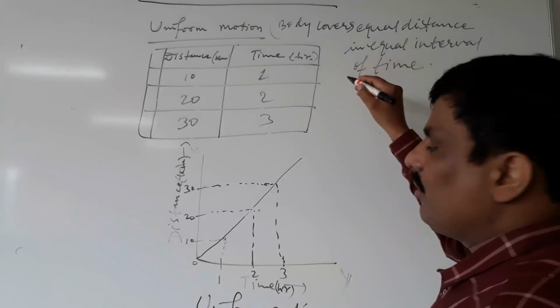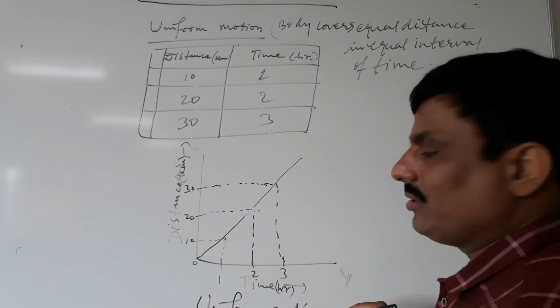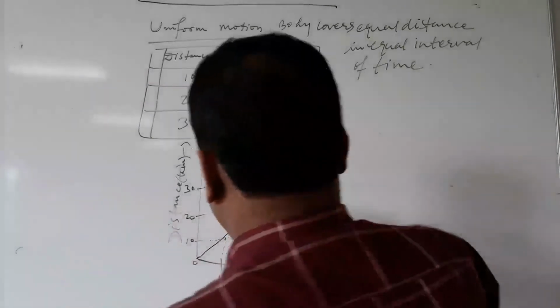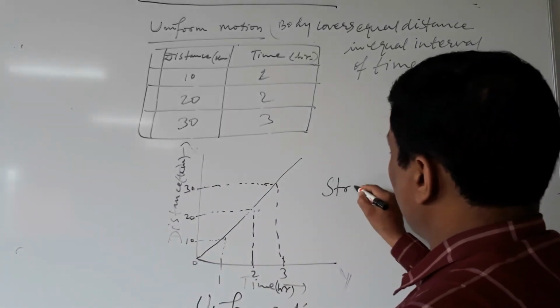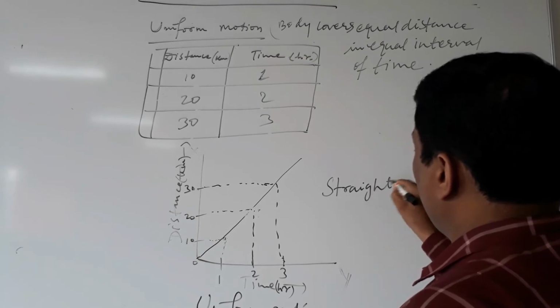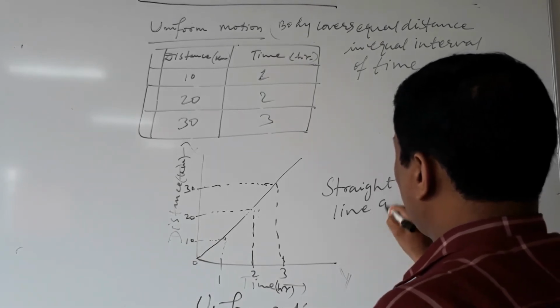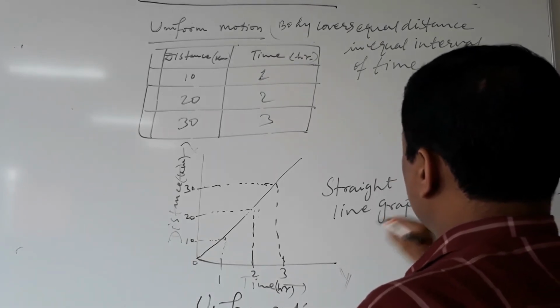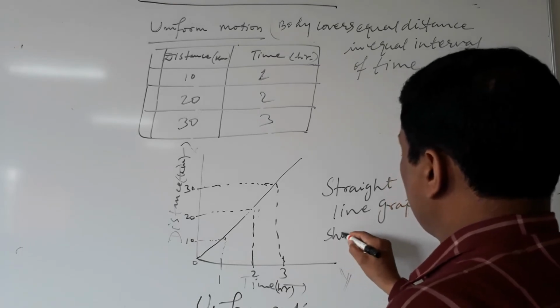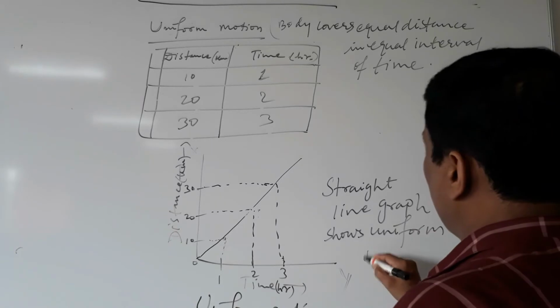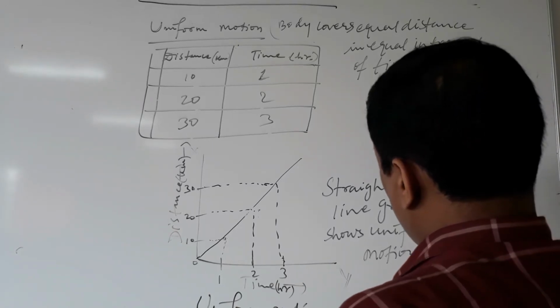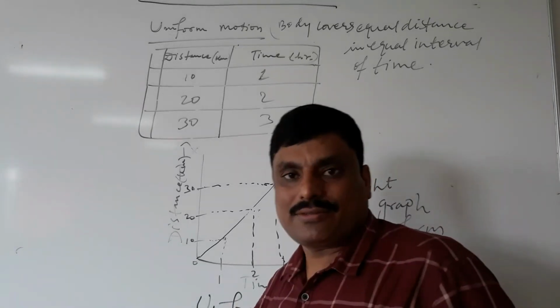Next, for uniform motion, the graph is a straight line graph. A straight line graph shows uniform motion. You must study this.